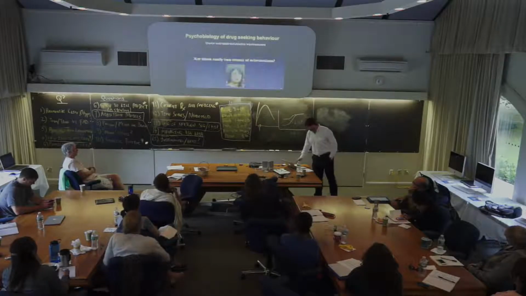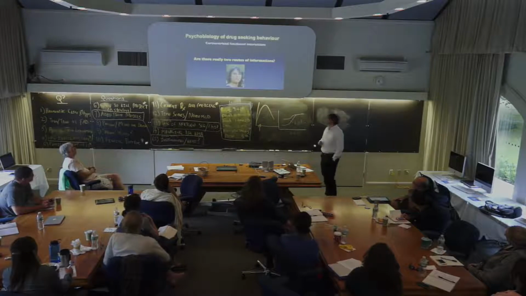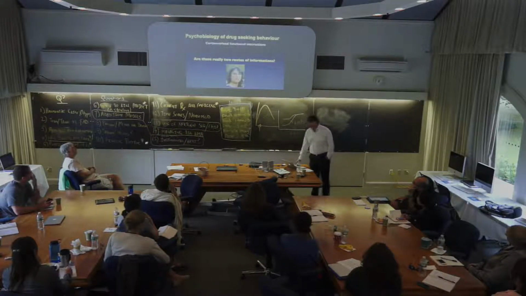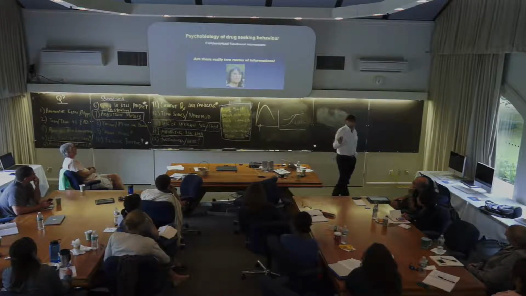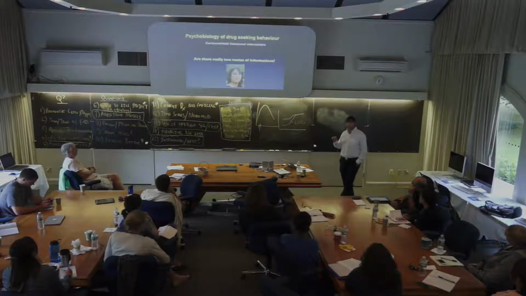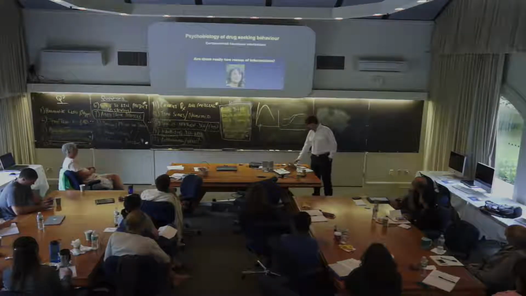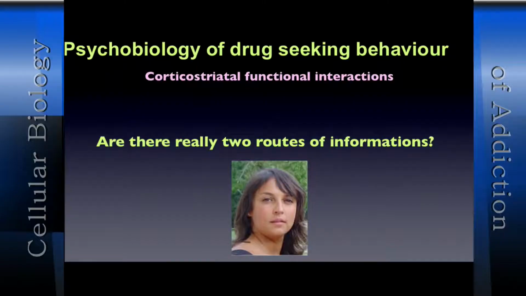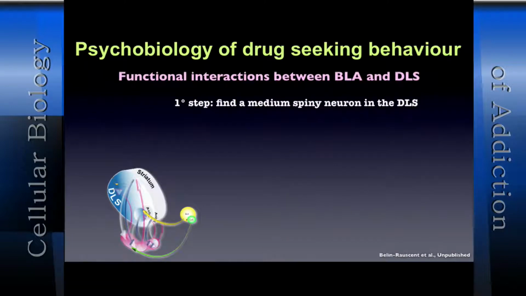So this is the work performed by my beautiful wife, who is working in my lab. She's an electrophysiologist, and she's checked whether in drug-naive animals, the BLA and the central control differentially the activation of medium spiny neurons in the DLS. For this, she designed a setup in which she stimulates the motor cortex 1, that is the major glutamatergic input onto the medium spiny neurons in the DLS, which are very silent under anesthesia.